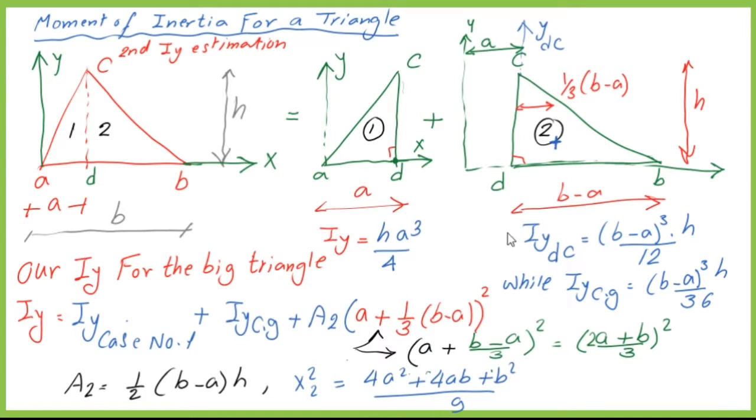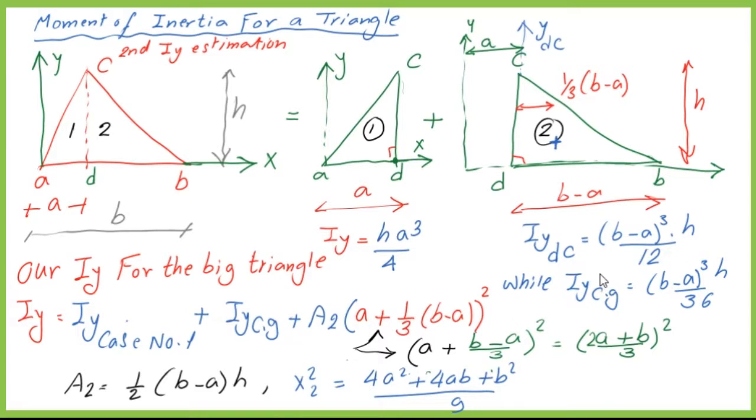In that case it is IY at DC, and the value was the base to the power of 3 multiplied by the height divided by 12. So in our case, where the base is B minus A, our expression can be written as IY for the line DC equal to the base B minus A raised to the power of 3 divided by 12 multiplied by H.